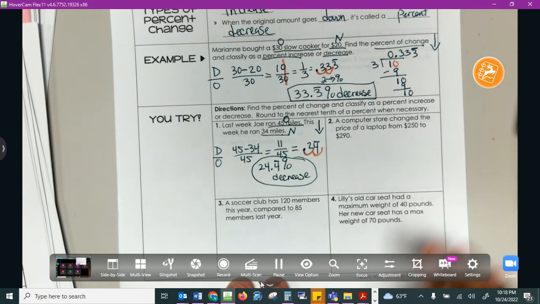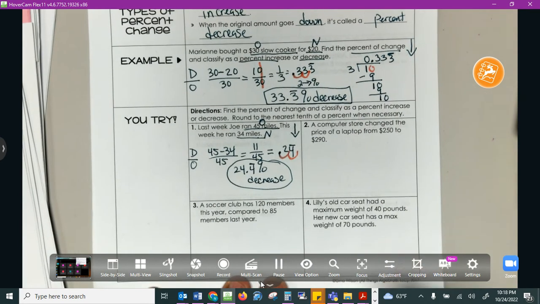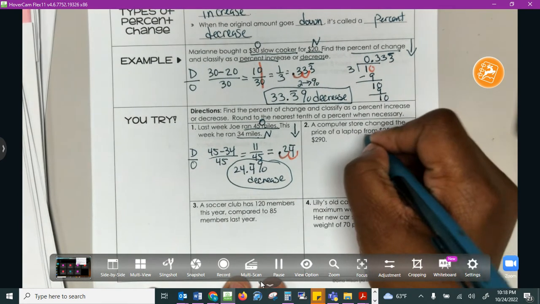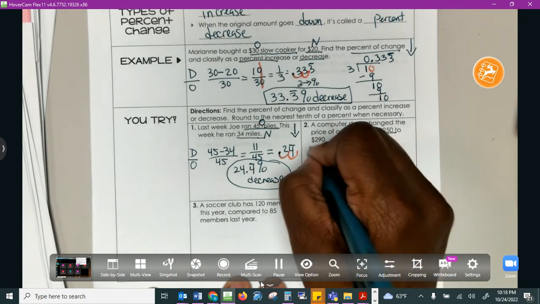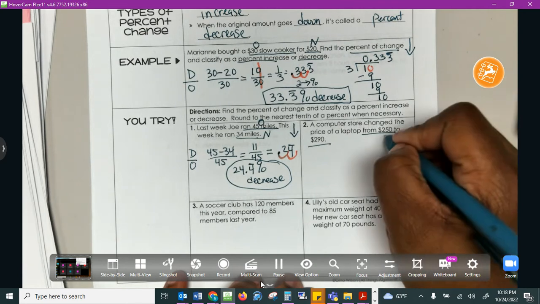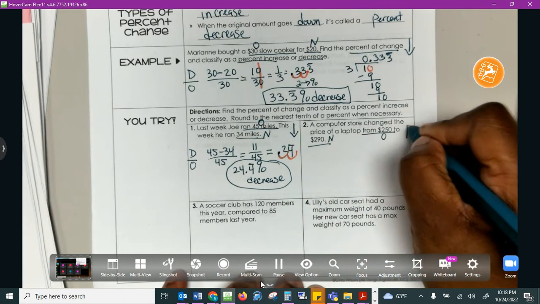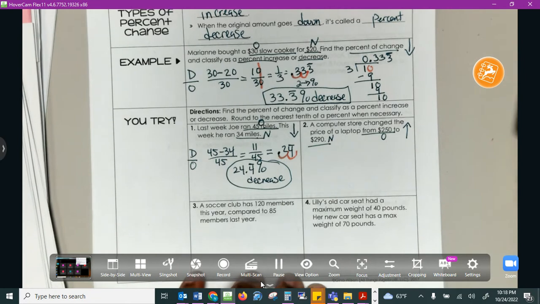Let's do another one. We'll do number 2. A computer store changed the price of a laptop from $250 to $290. Is this a percent increase or decrease? Well, our original was $250, our new is $290, so we know that this went up.